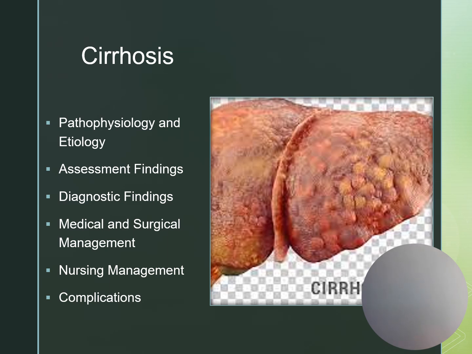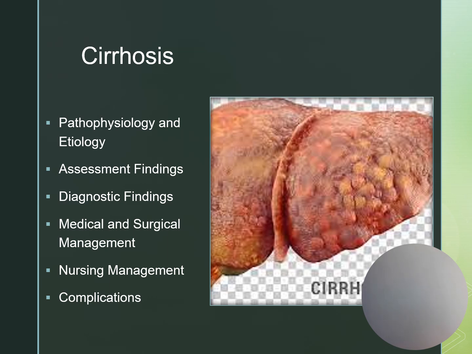These clients may have compensated and decompensated symptoms. Chronic fatigue, anorexia, dyspepsia, nausea, clay-colored stools, and diarrhea are common. Constipation, tea-colored urine, or even a yellowish colored urine, abnormally yellow.